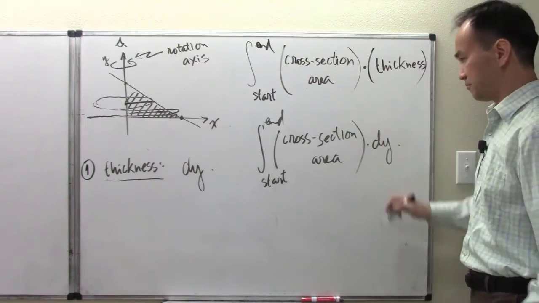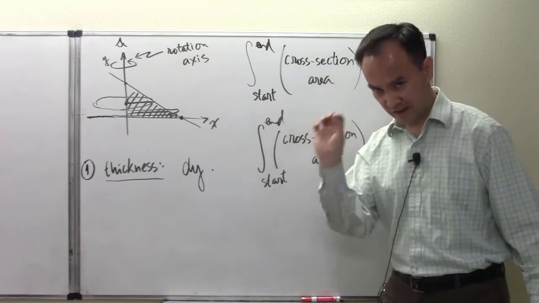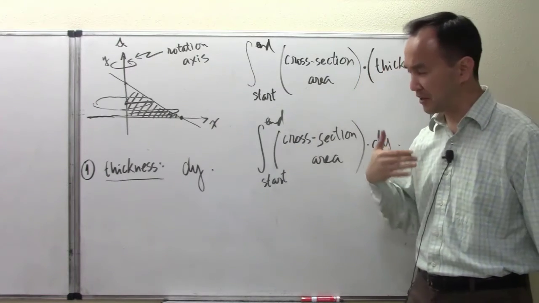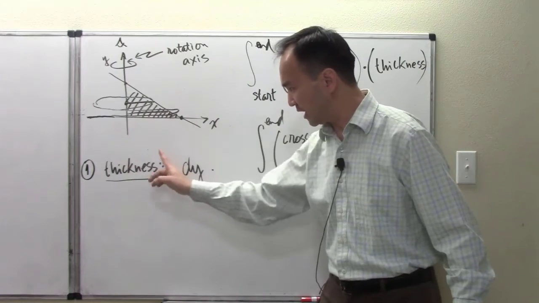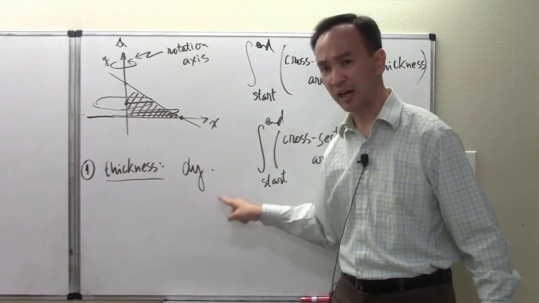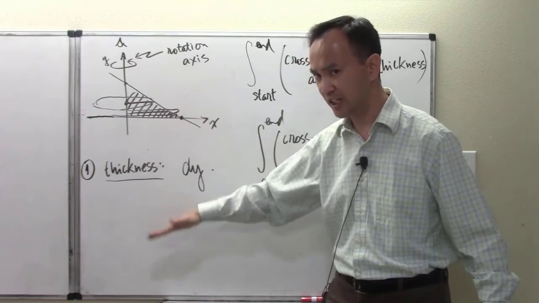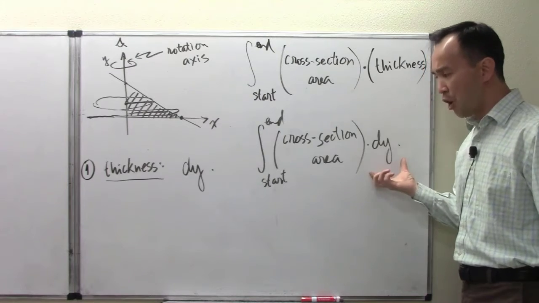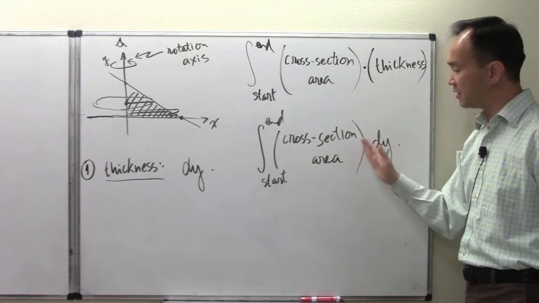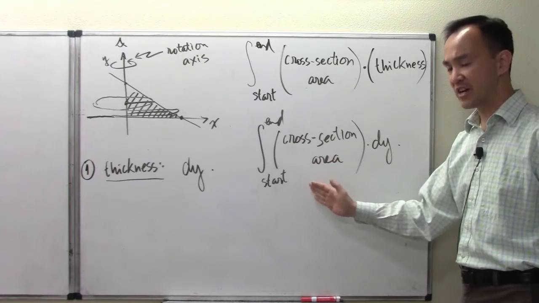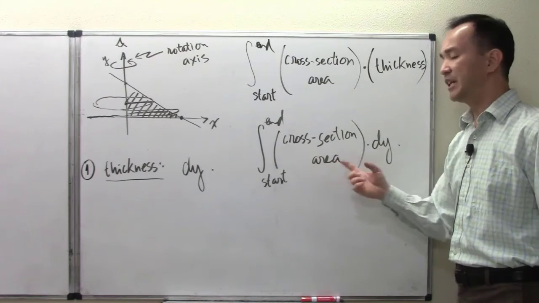The reason I gave this explanation back in the general discussion lecture, and in my personal experience, is that I want my students to find the thickness first. Once we find the thickness and realize that it is either a dx or a dy, which in this case is a dy, we know that the function we are about to set up, the function that determines our cross-section area, must be a function in terms of y.